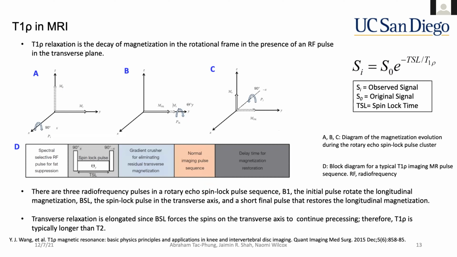The typical range of T1 rho values is, I would say, on the order of magnitude of T2, because we're still dealing with relaxation in the transverse plane. The time constant we would use is the TSL, which is the spin lock time.